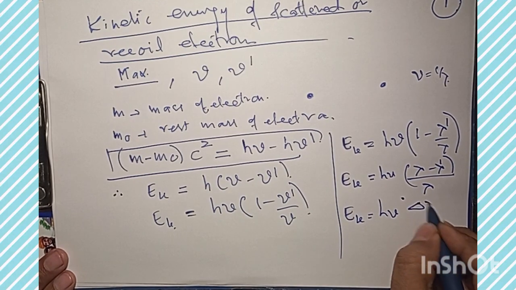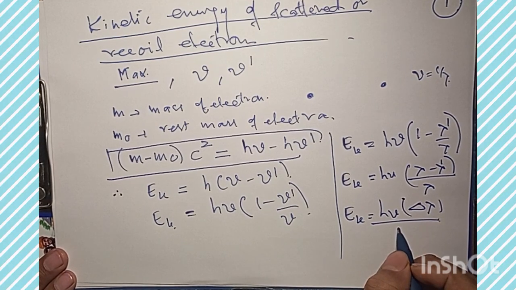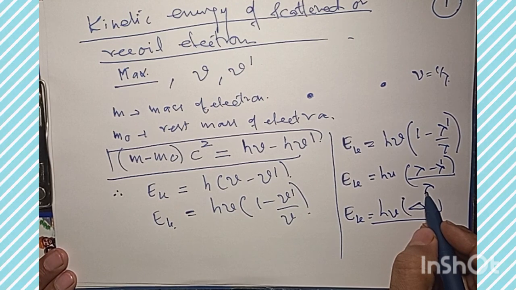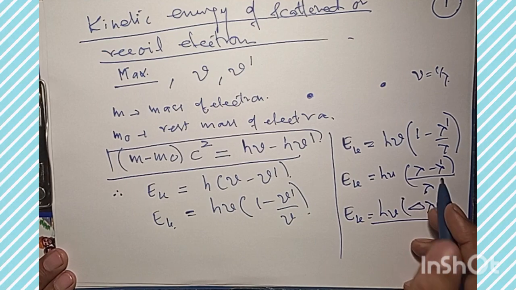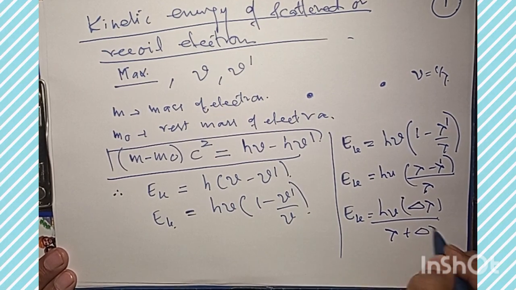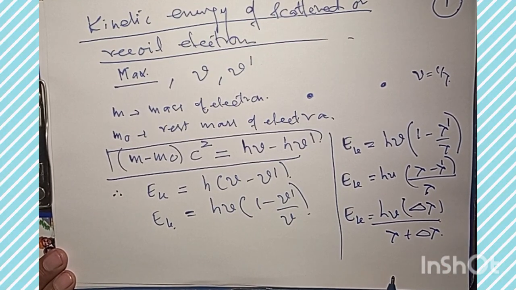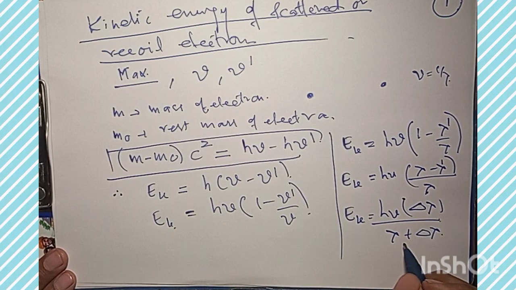So this is delta lambda, and here I have delta lambda in the numerator, and I can have lambda plus delta lambda in the denominator.